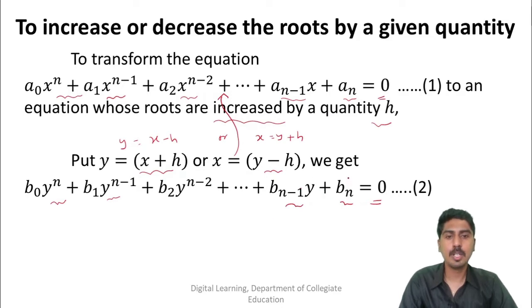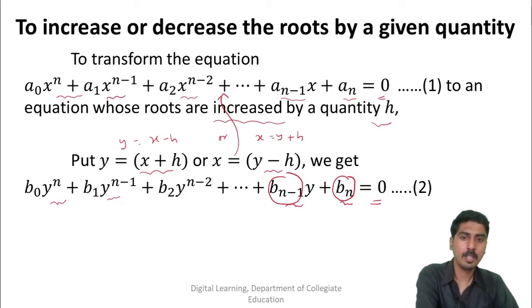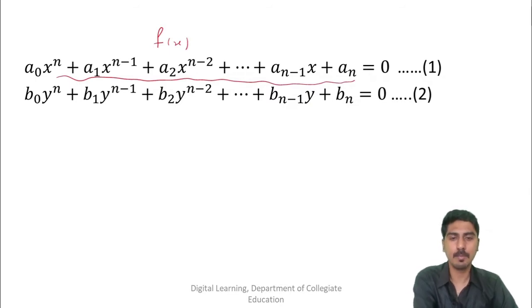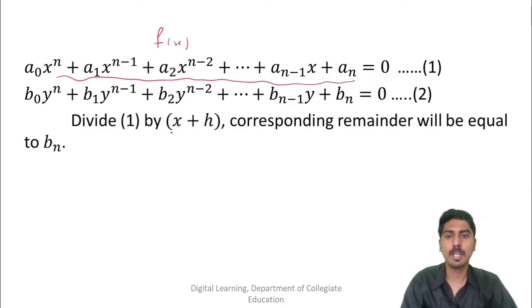Now to find out the coefficients of this equation, bn, b(n-1) etc. b2, b1, b0, we have a method. What we do is, suppose this LHS is f(x), we divide the polynomial f(x) by x + h.